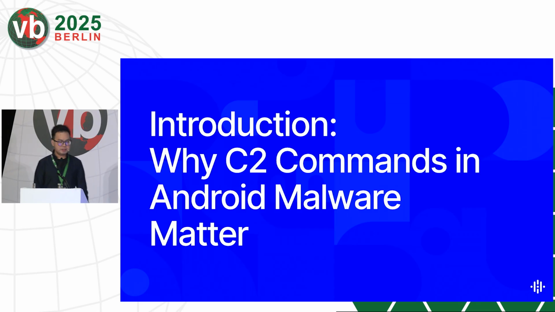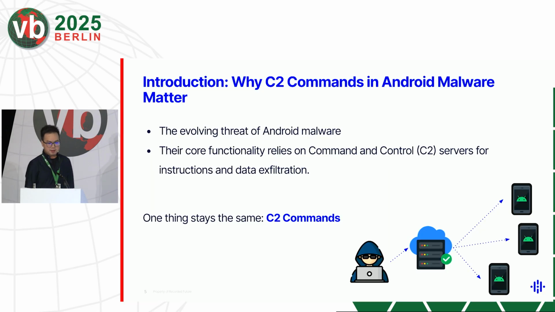Let's begin with the introduction. The Android malware landscape is constantly evolving. We see new techniques for stealing users' data and new targets every day. But despite all these changes, one thing stays the same. They all rely on the C2 server.